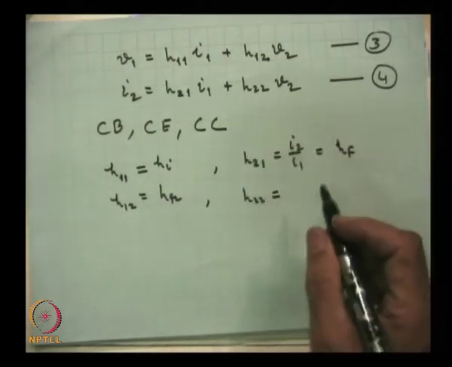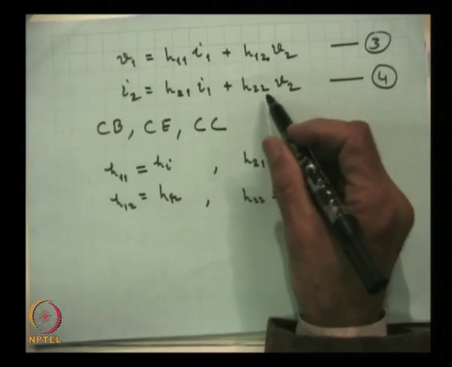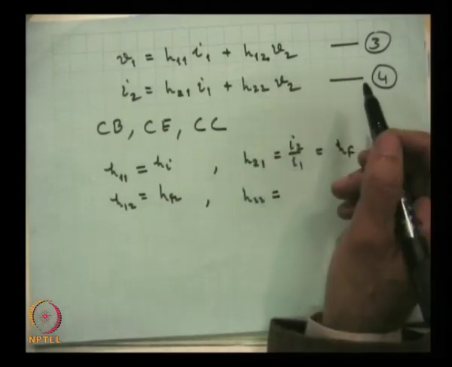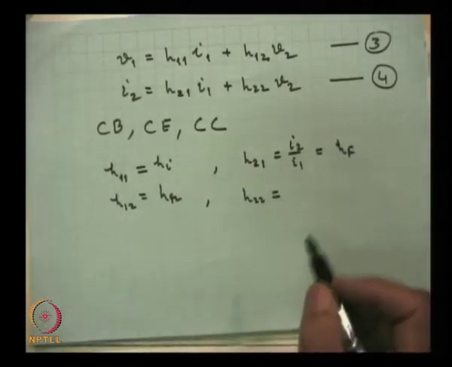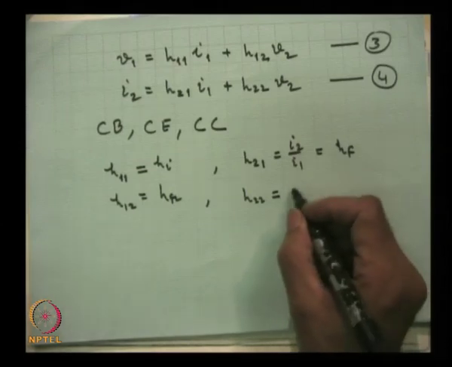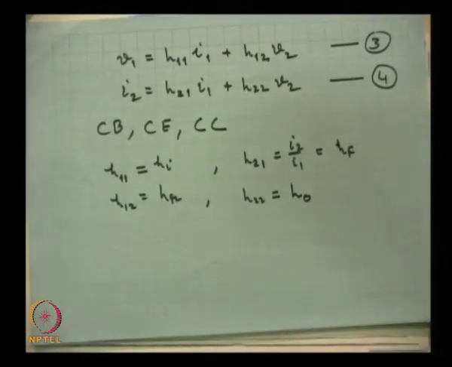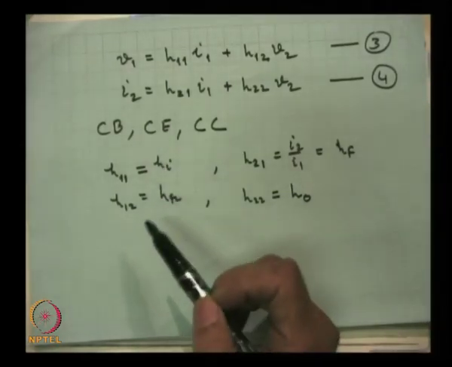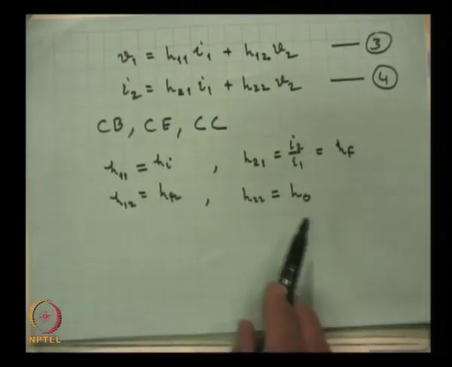Both parameters involved in this are for the output port 2, and hence this is, as we will see, the output admittance. So, this is written as HO. So, 4 parameters, and the hybrid nature of these parameters becomes clear right now.